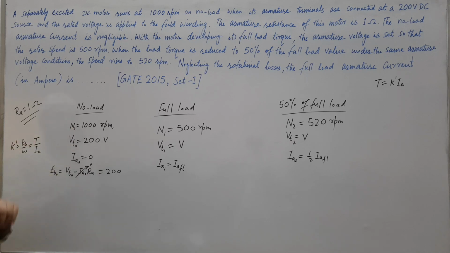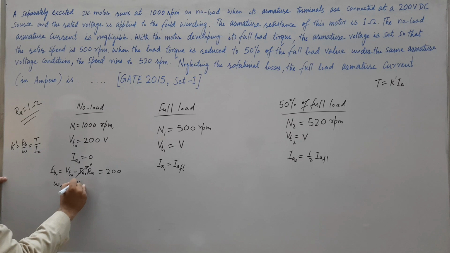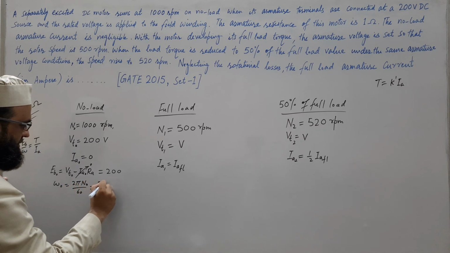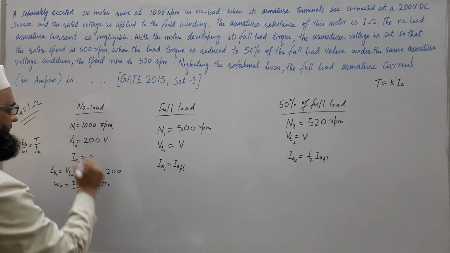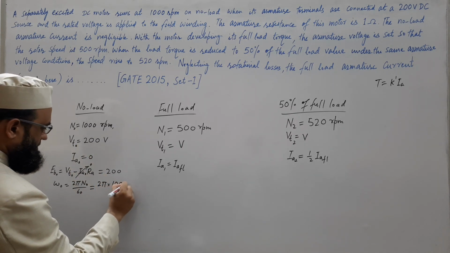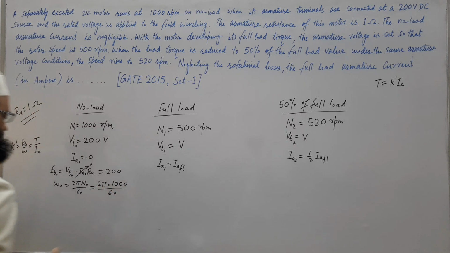We have N0, right? So we may write omega 0 will be equal to 2 pi N0 by 60. So this is coming out to be 2 pi into 1000 by 60.